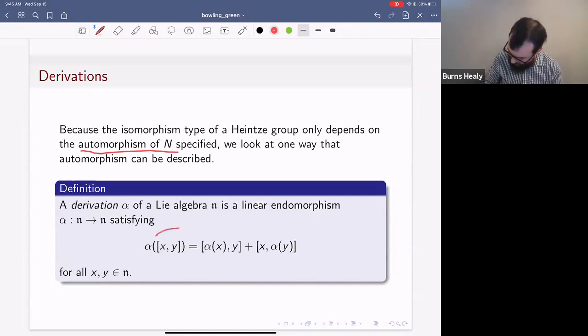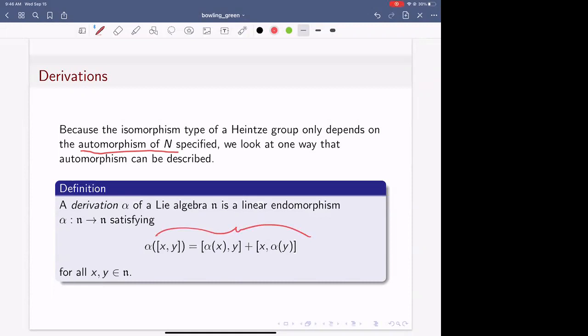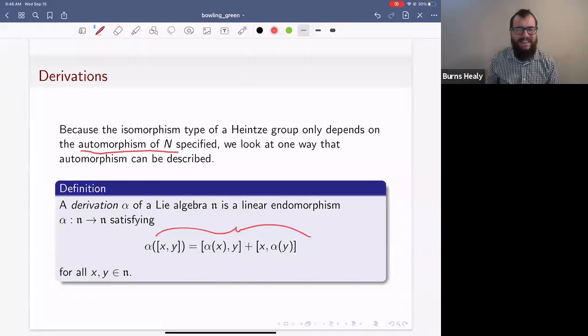So here you can just think of this condition as respecting the Lie bracket.